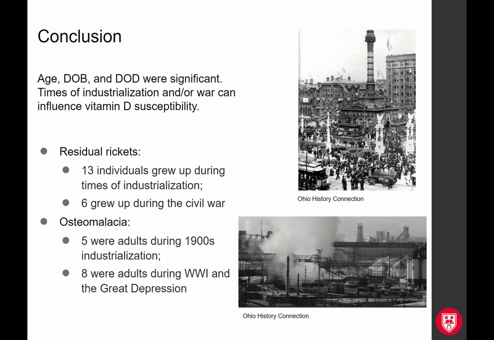Now, when I look at osteomalacia, 5 of those were adults during the early 1900s industrialization periods, while 8 were adults during World War I and then following into the Great Depression. So these categories correspond with what we understand by factors that limit or influence UV penetration in diet.